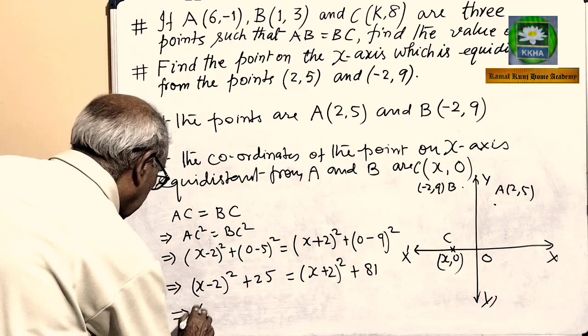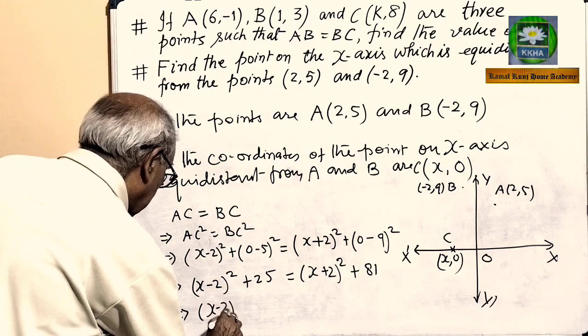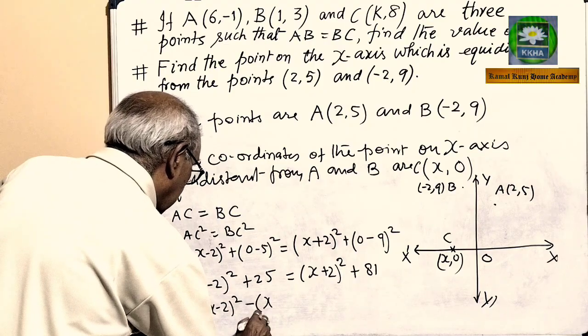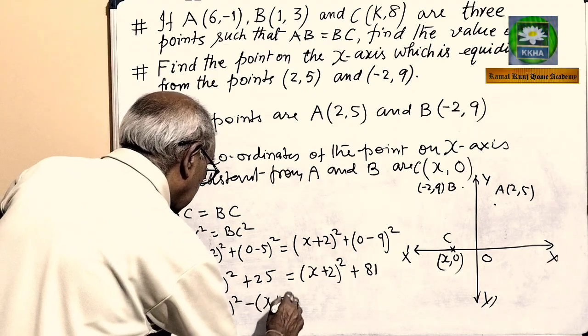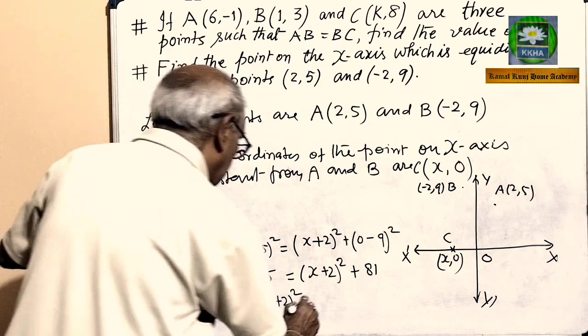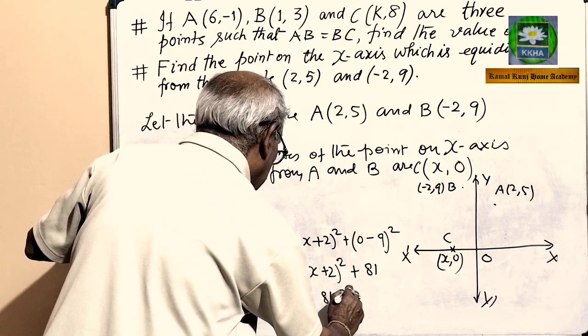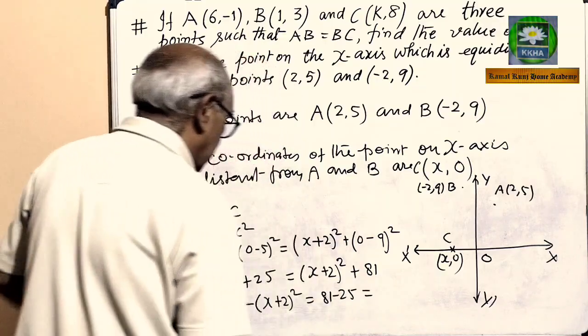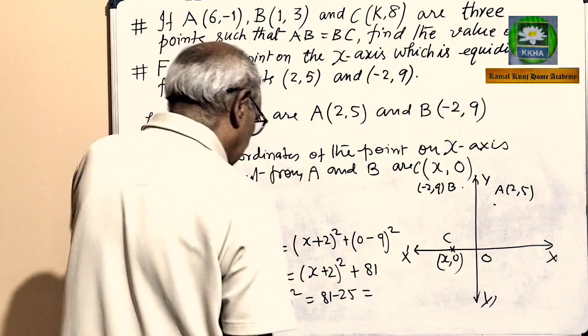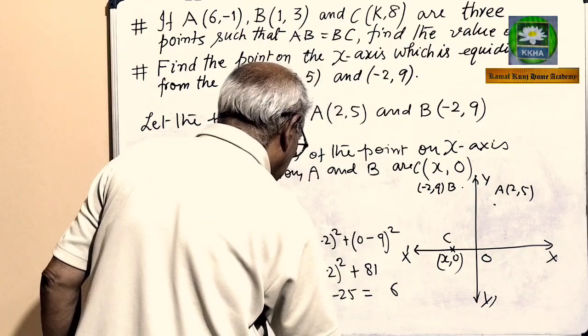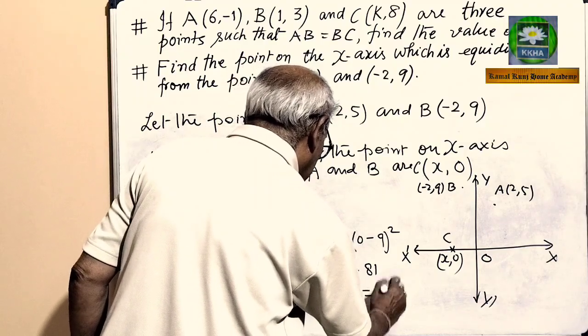This implies that (x minus 2) whole square minus (x plus 2) whole square equals 81 minus 25, which is 56.